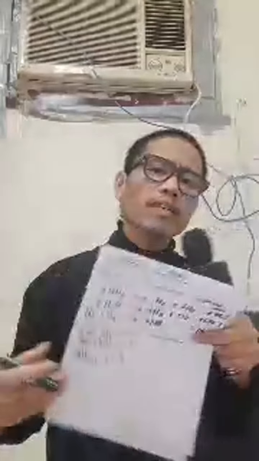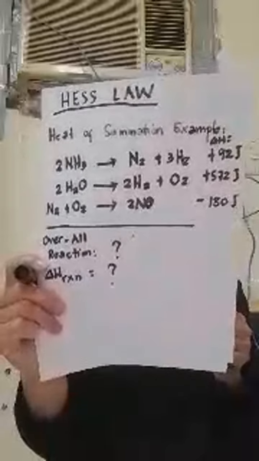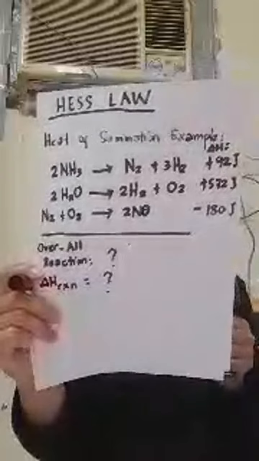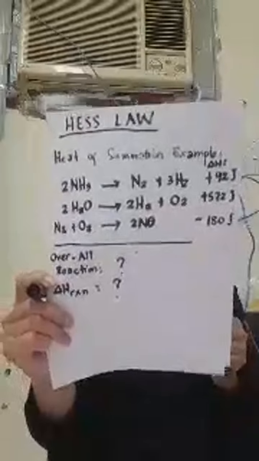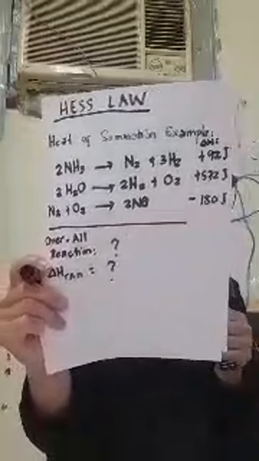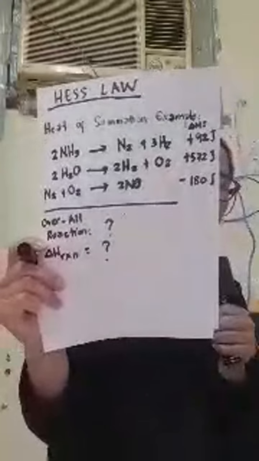Okay, now let's go back to the problem here. 2 moles of ammonia gas is equal to nitrogen gas plus 3 moles of hydrogen gas. So the first reaction is a decomposition reaction. We don't need to identify whether this is a reversible or irreversible chemical reaction.